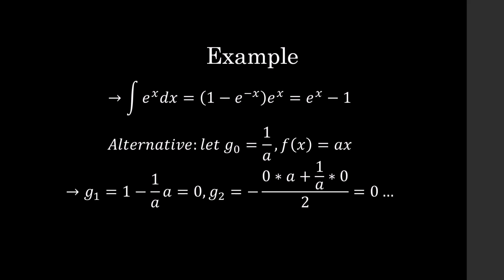We find that g1 would be 0, g2 would also be 0, and it's left up to the reader, but it should be a simple case to show that g of n for n not equal to 0 is also 0. And so that leaves us with what we would expect for the integral of e to the ax dx being 1 over a, our g, times e to the ax.